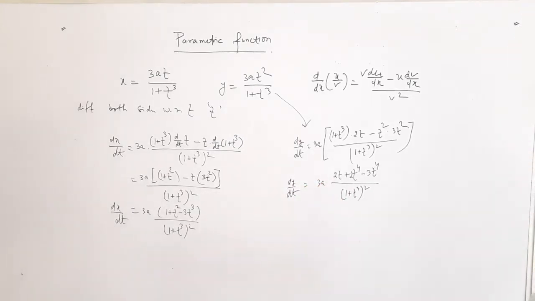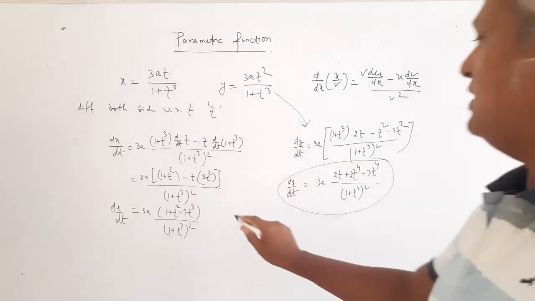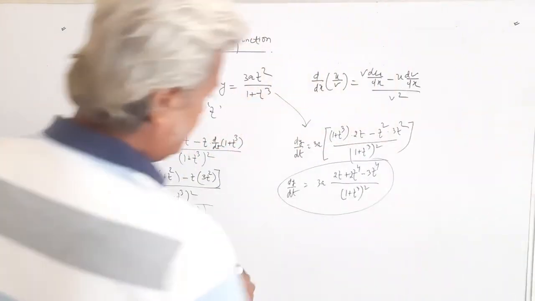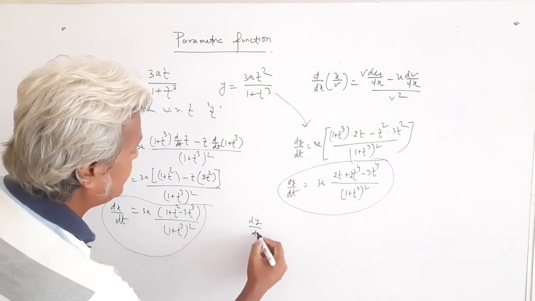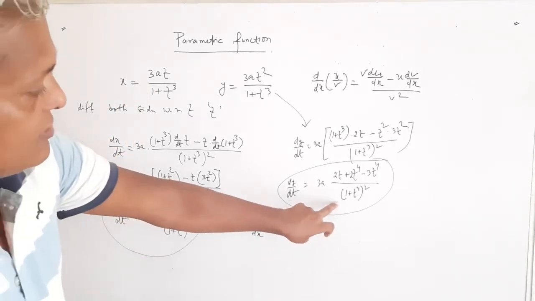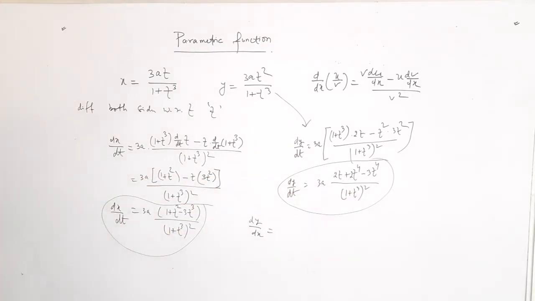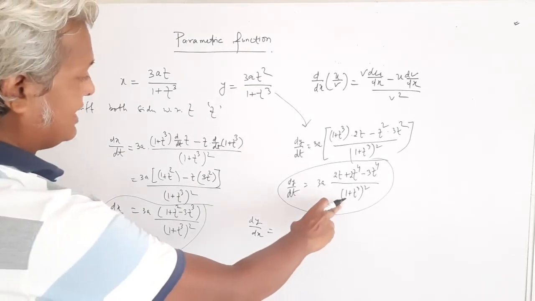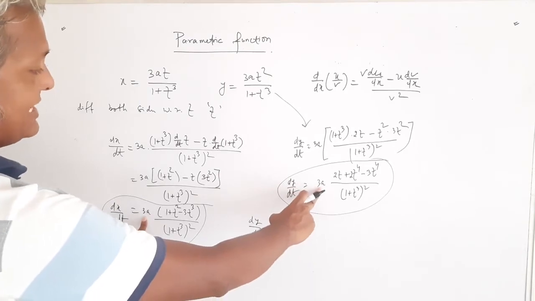Now we have to find dy by dx, because we have to divide this one by this one. So I'm just a little direct here. I write dy by dx: both these functions have the common denominator, that is 1 plus t cube whole square, and here also it is 1 plus t cube whole square. So if you divide one over another, these two denominators will cancel each other. At the same time 3a and 3a will also cancel each other.